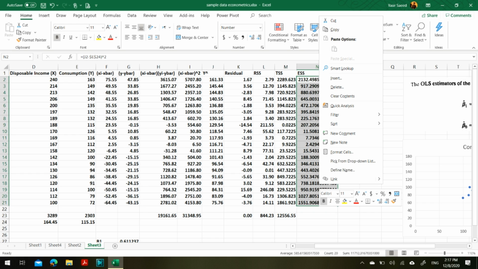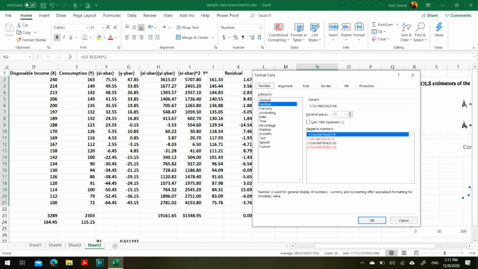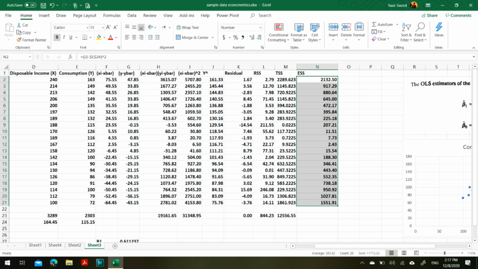Again I need to format it up to 2 decimal places, so I reduce the decimal spaces to 2 and press OK, and its summation gives us the explained sum of square.